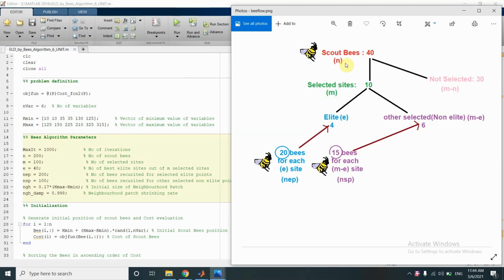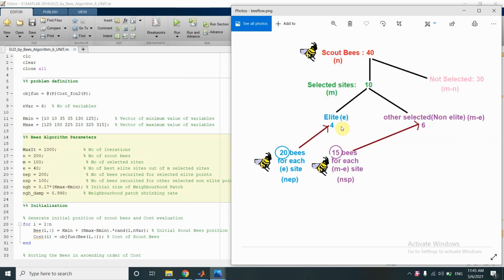So n number of scout bees are actually sent initially, and these n scout bees will go to n different locations, and of those n different locations the best m sites are selected, and out of those m best sites further e best elite sites are selected, and the remaining sites, m minus e, are the other selected non-elite sites.